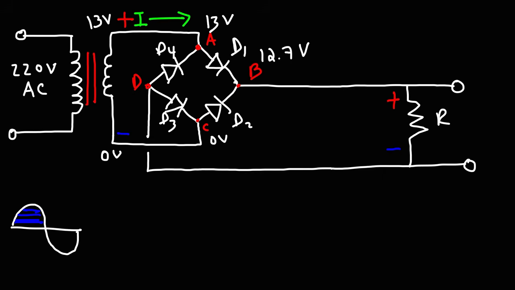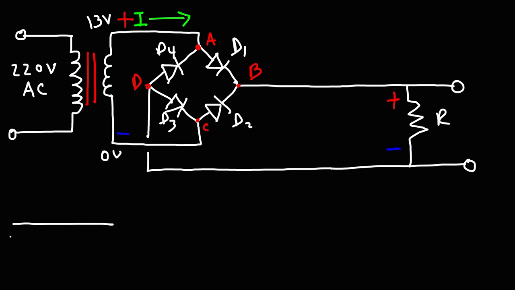Now let's talk about the negative half cycle of this DC power supply. So during the negative half cycle, the polarity across the transformer will be reversed.